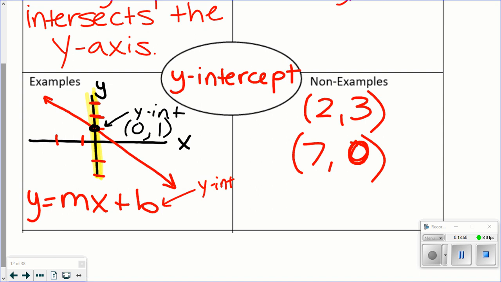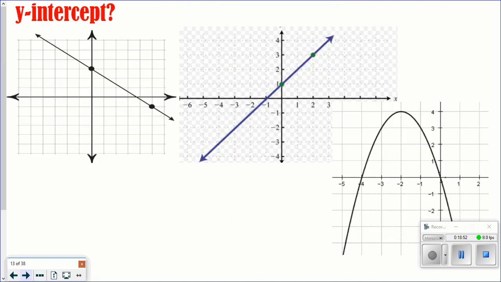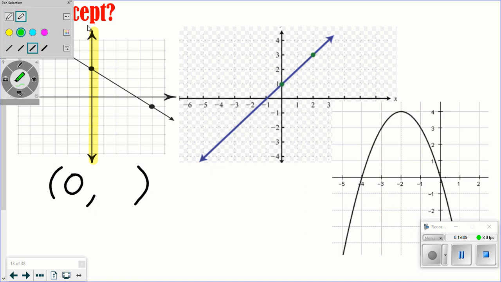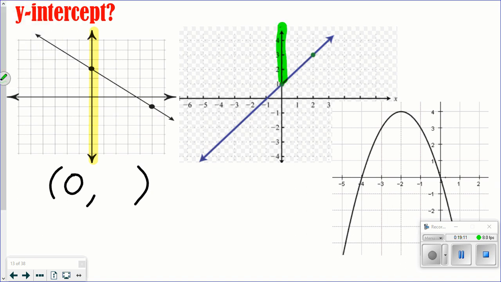So if we go and look at these graphs right here, I kind of want you to look and practice writing down what you think your y-intercept is. 0, comma, where does it cross your y-axis that I just highlighted? Same thing here. Where does it cross?